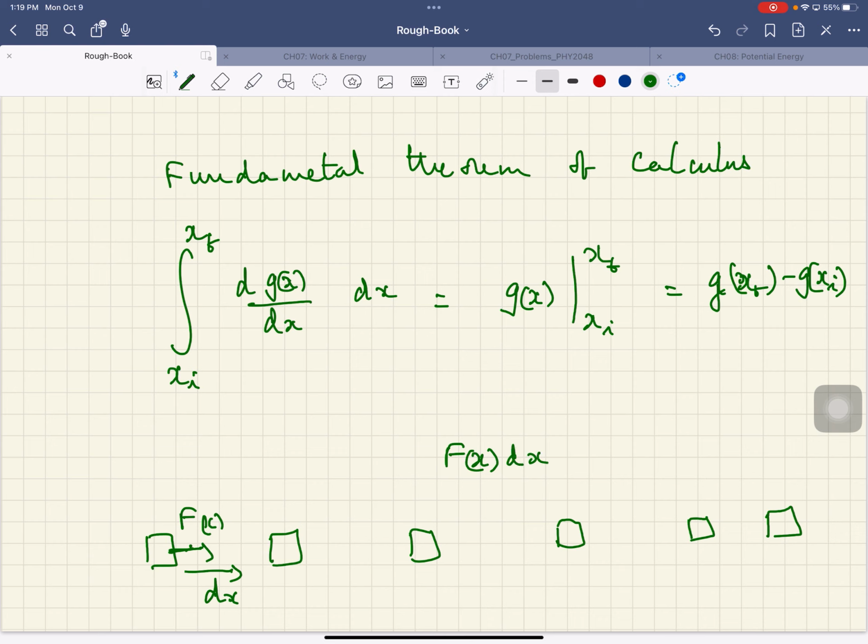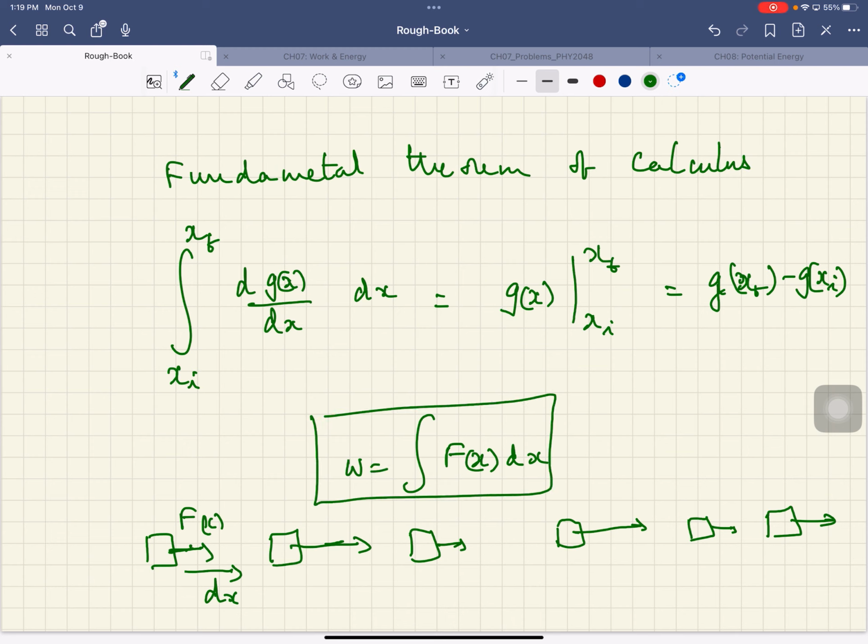And then the work done for the entire distance, as this force kept changing, is just this integral. That was the work done. So when you calculate the work done, you are doing this integral. Well, what has that got to do with the fundamental theorem of calculus?